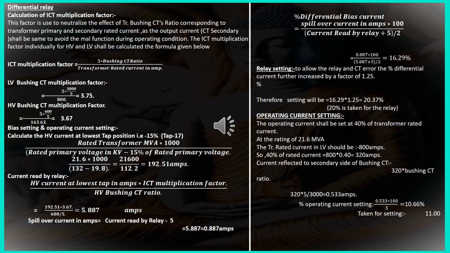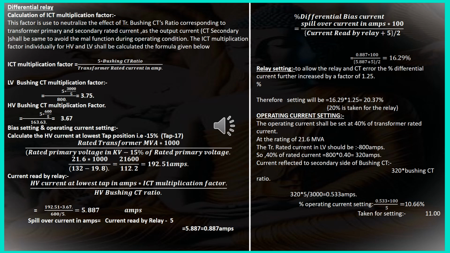If you take the ratio properly for the transformer, there is no need to change it further. So mainly the CT ratio is main for you. The CT polarity is main, so maintain it and connect it.